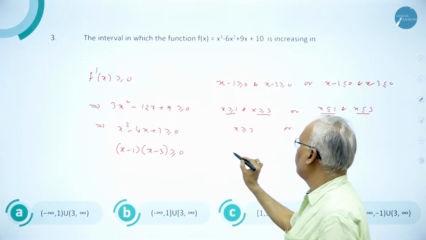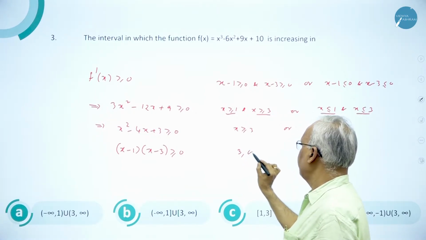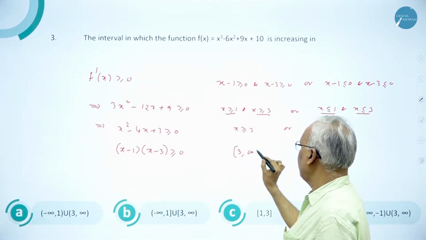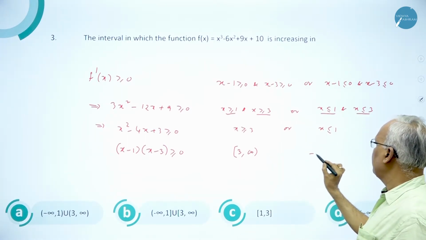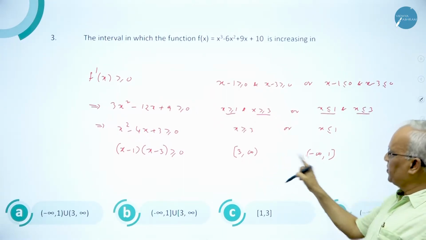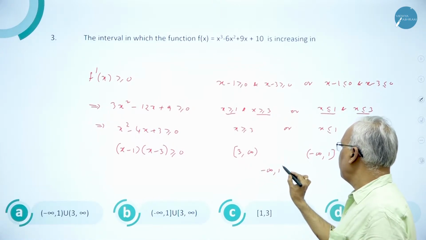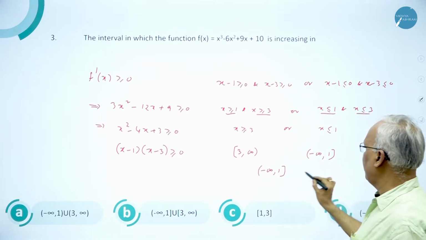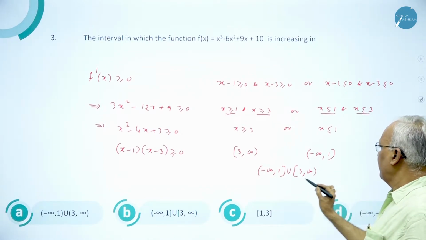Here it is 3 to infinity, including 3, excluding infinity. Here it is minus infinity to 1, included. So, you have to take the union of these two. Therefore, the answer is minus infinity to 1 included, union 3 to infinity, 3 included.